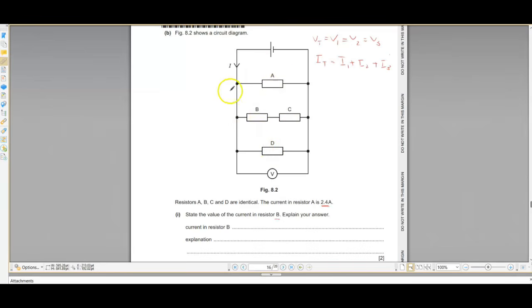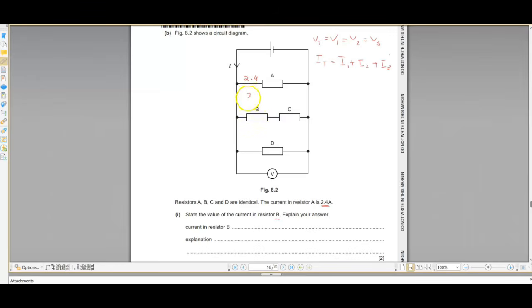If you know these concepts, you can see that all the resistors are identical, so they would be getting the same amount of current. If this one is getting 2.4, then 2.4 is going to come over here and be divided between the two of these resistors, since both of these resistors are identical and are connected together in series.